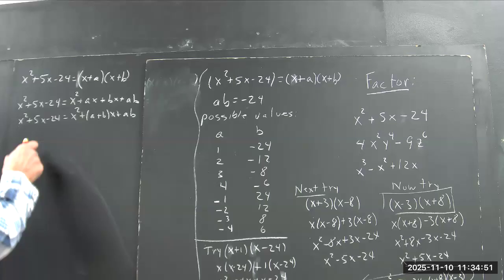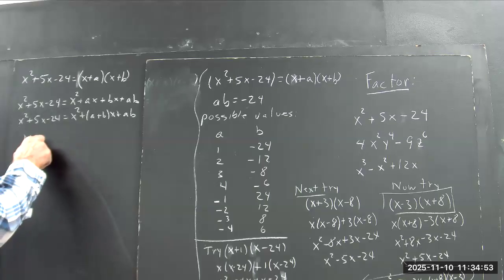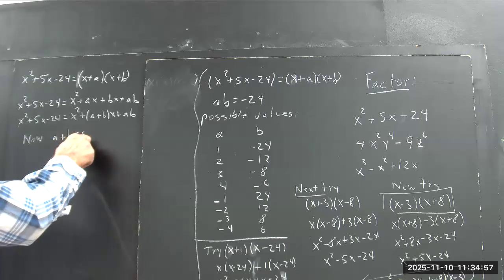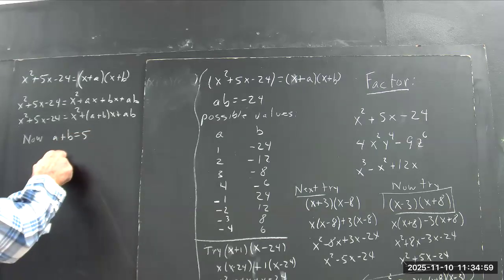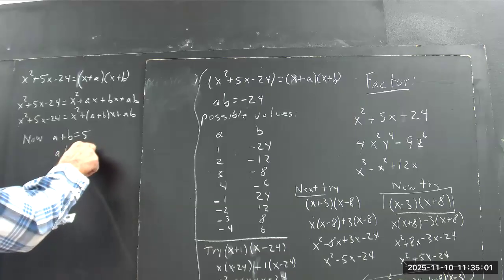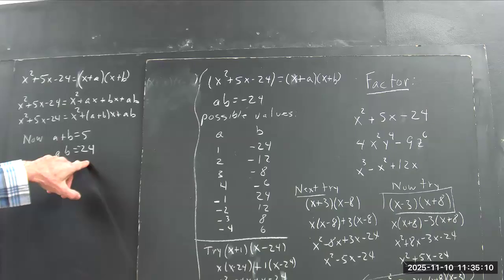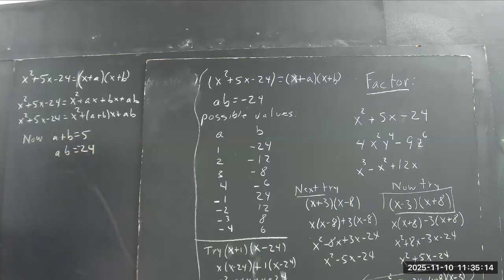So now a plus b has to equal 5 and ab has to equal negative 24. So we try to find two numbers that multiply out to negative 24 and add up to 5.